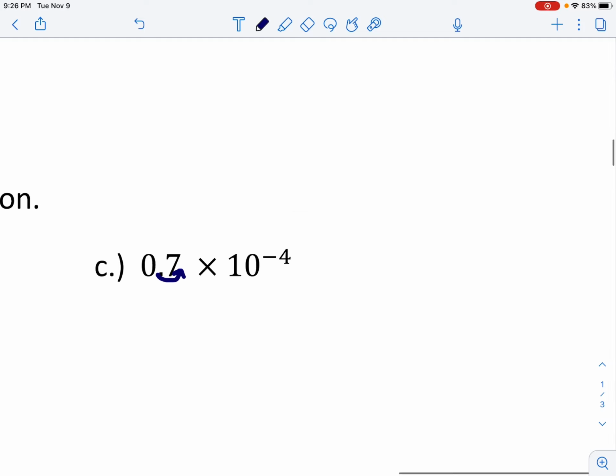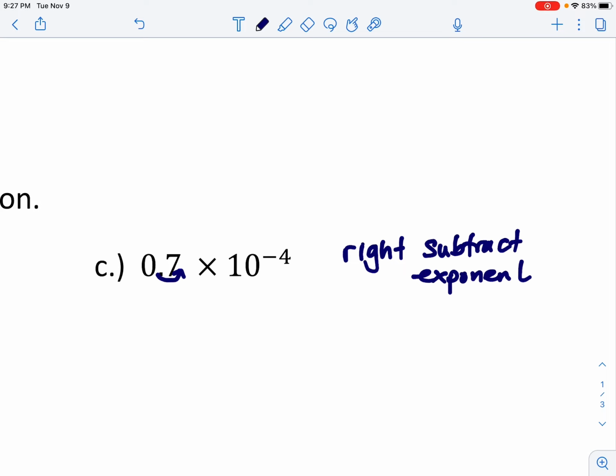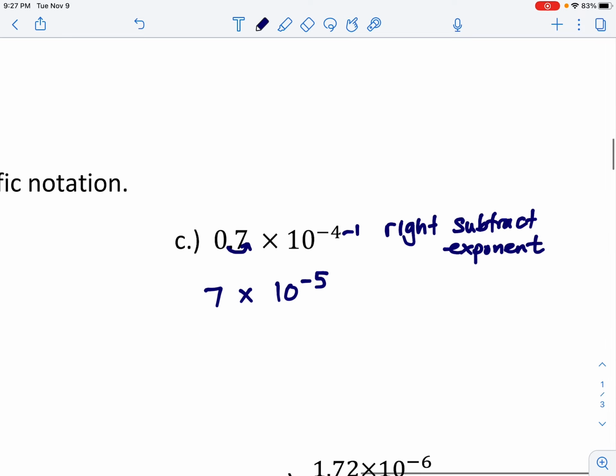So when we go to the right, we subtract an exponent. So that means I'm going to have 7 times 10 to the negative 5th power. So negative 4 minus 1 is negative 5. So I had to subtract an exponent.